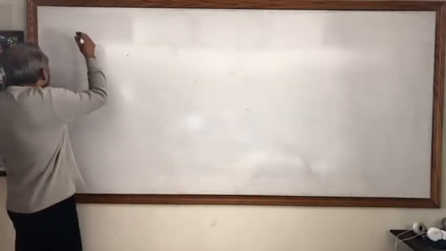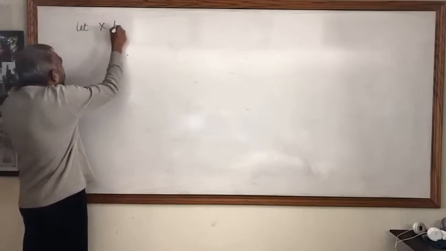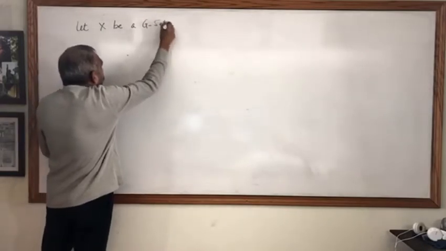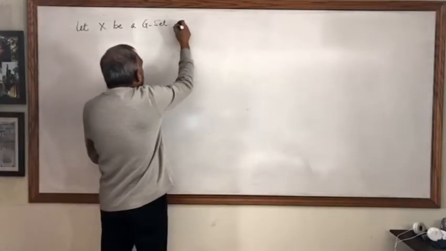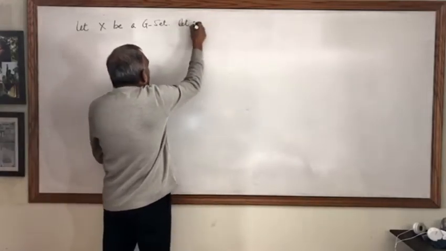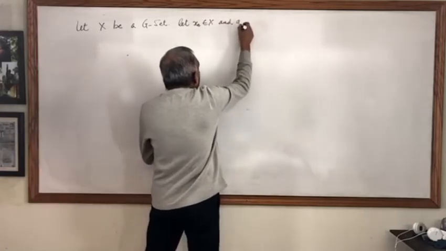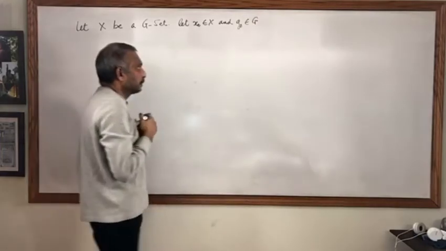Our next problem is, let X be a G-set, and let x0 belong to X and g0 belong to G. They are fixed.